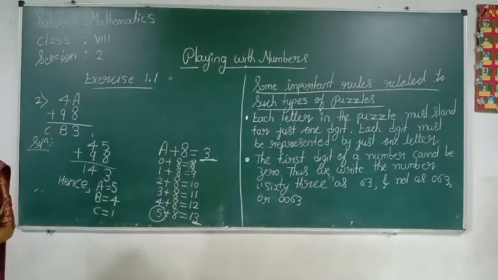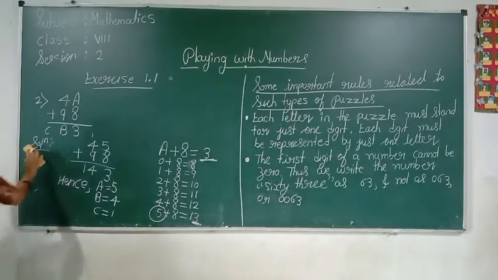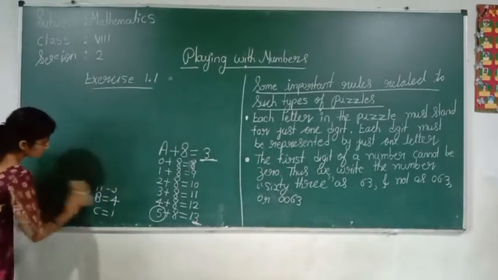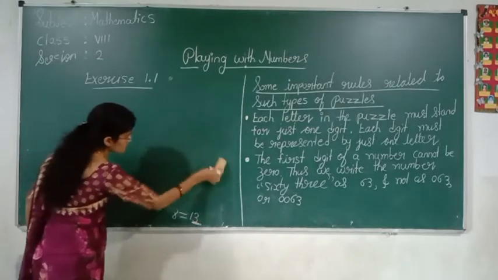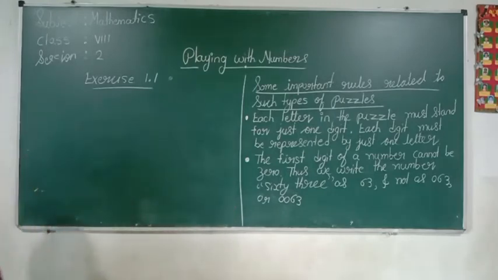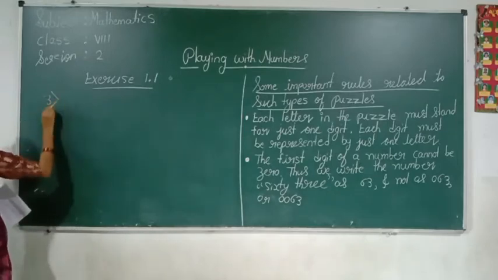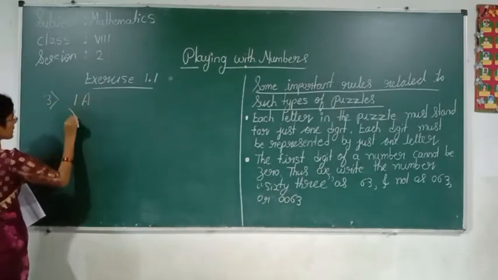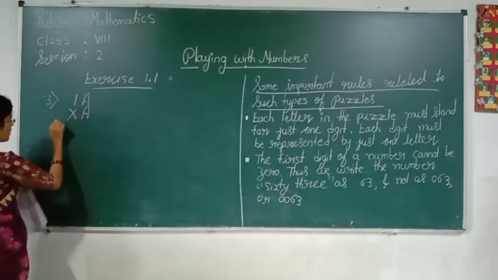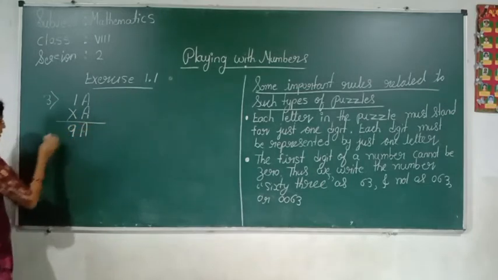Okay. Next we will see the next problem. That is the third problem we will see now. In the third problem they have given 1A into A, which should be 9A.